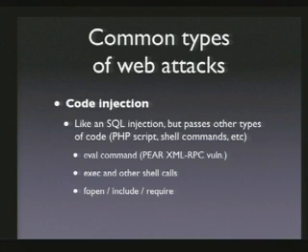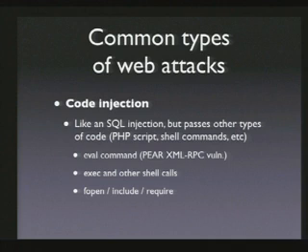People figured out a way to manipulate the strings that get passed in so they would pass any filtering that was on there, and it would execute the code arbitrarily. Exec and other shell calls are vulnerable to that if people don't do the proper kinds of input validation. And also things like fopen, include, and require.